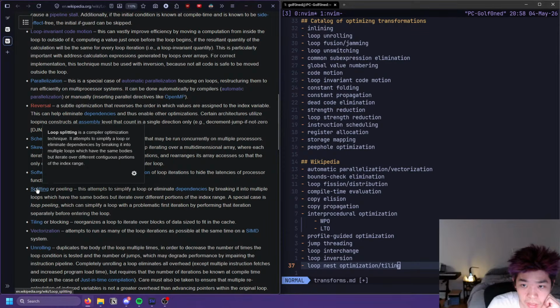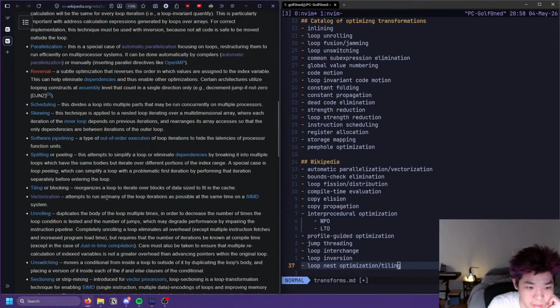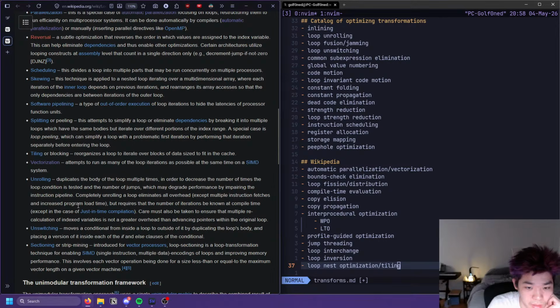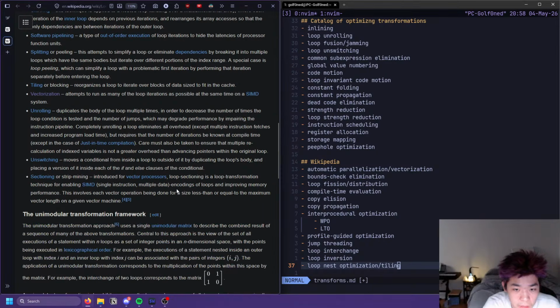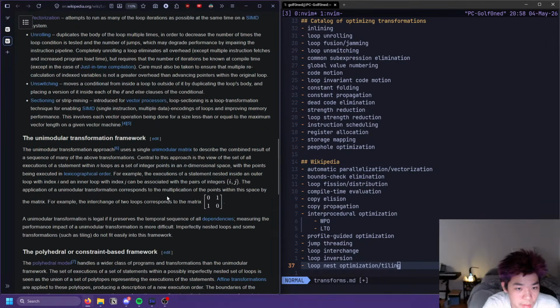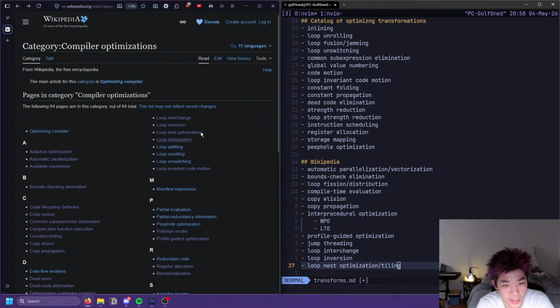Splitting. Unswitching. Okay, unrolling. What is peeling? I see. So peeling is, I guess, interesting. I guess that kind of fits under unrolling. Wow, okay. That's pretty crazy.